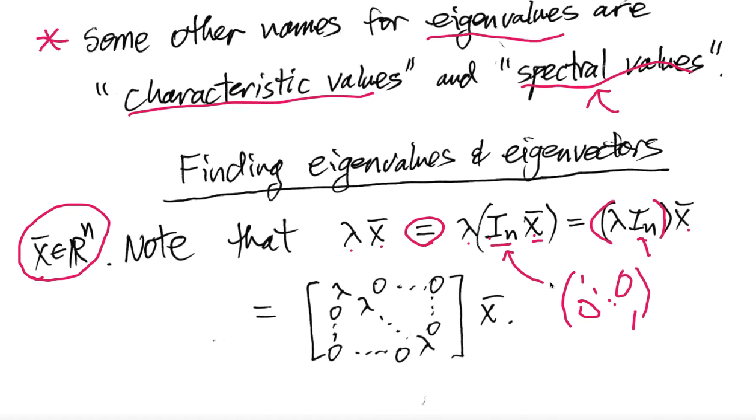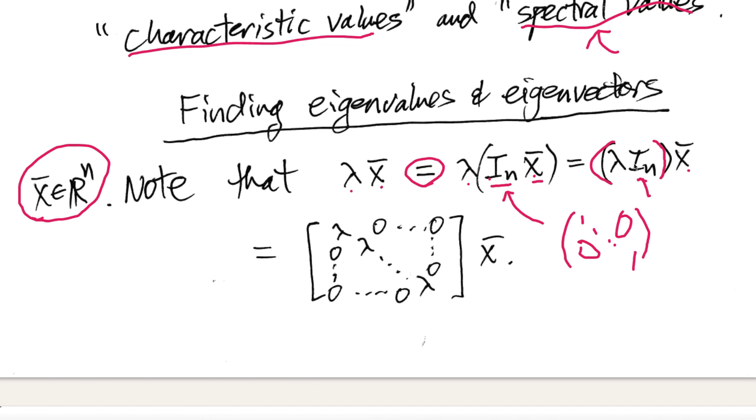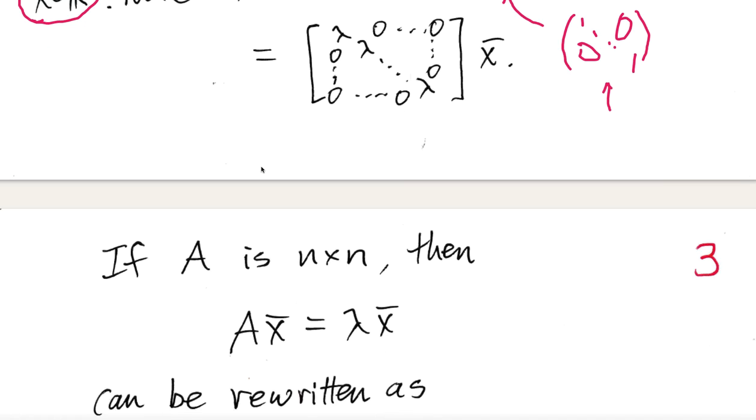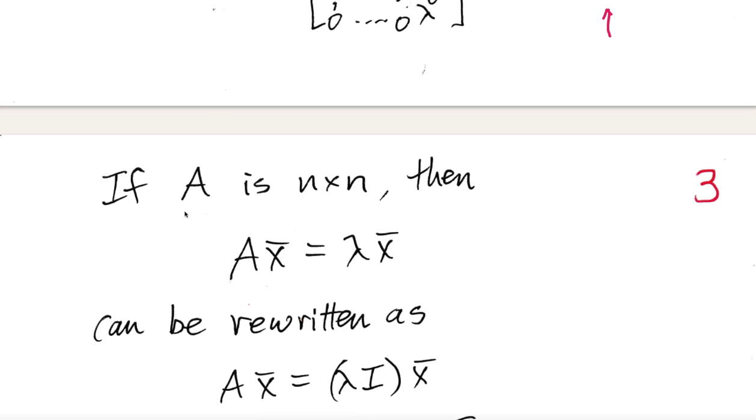What would lambda times I be? This matrix times lambda would have lambdas down the main diagonal and zeros off the main diagonal. Multiplying by x bar, keep that in mind, because let's come back here. Let's suppose that A is n by n.